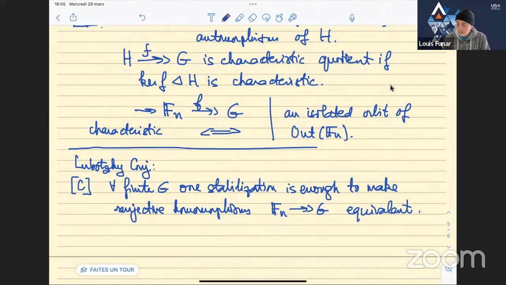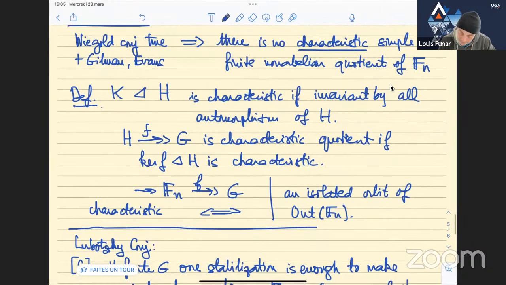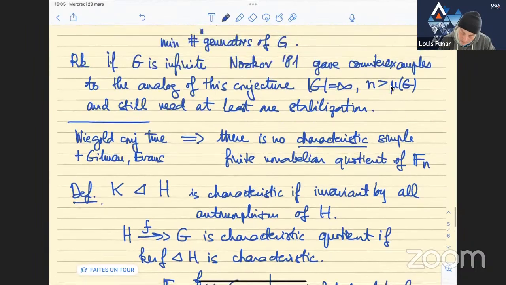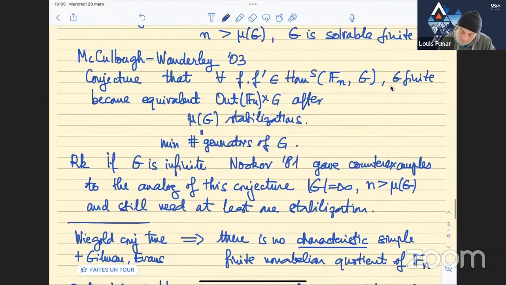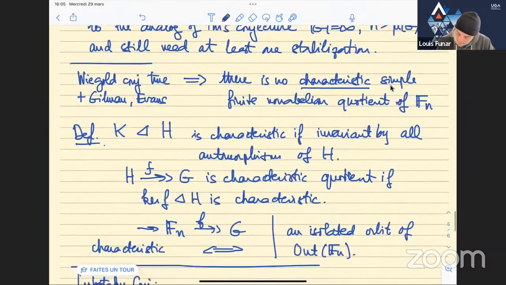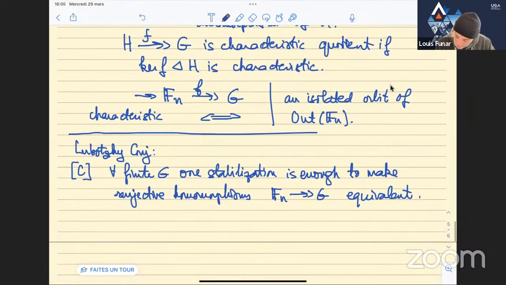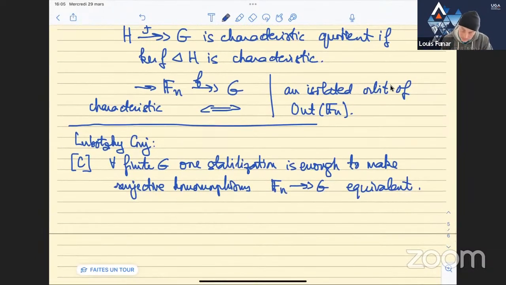That is a much stronger requirement than the conjecture of McCullough and Wanderley. It is interesting because there is no counterexample yet.